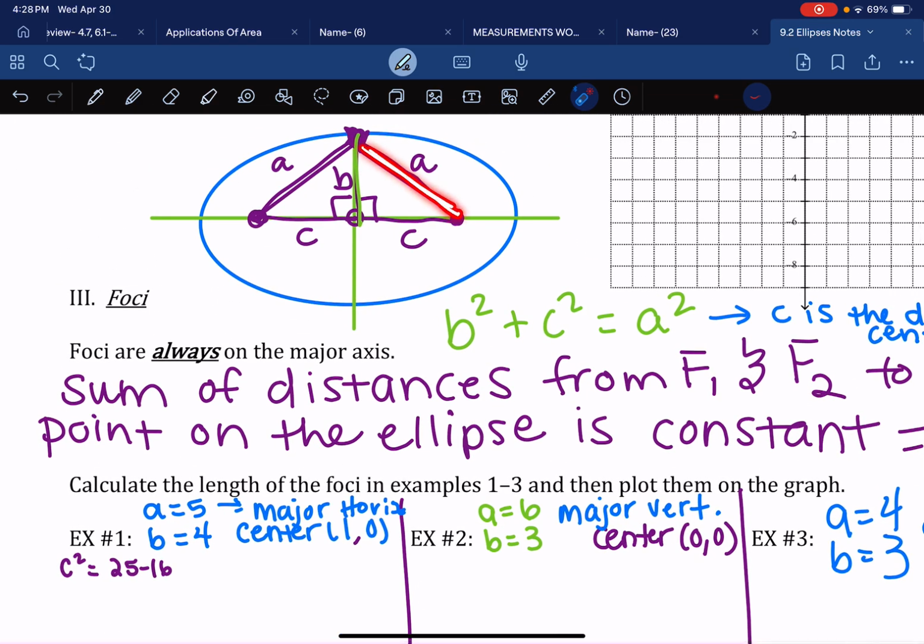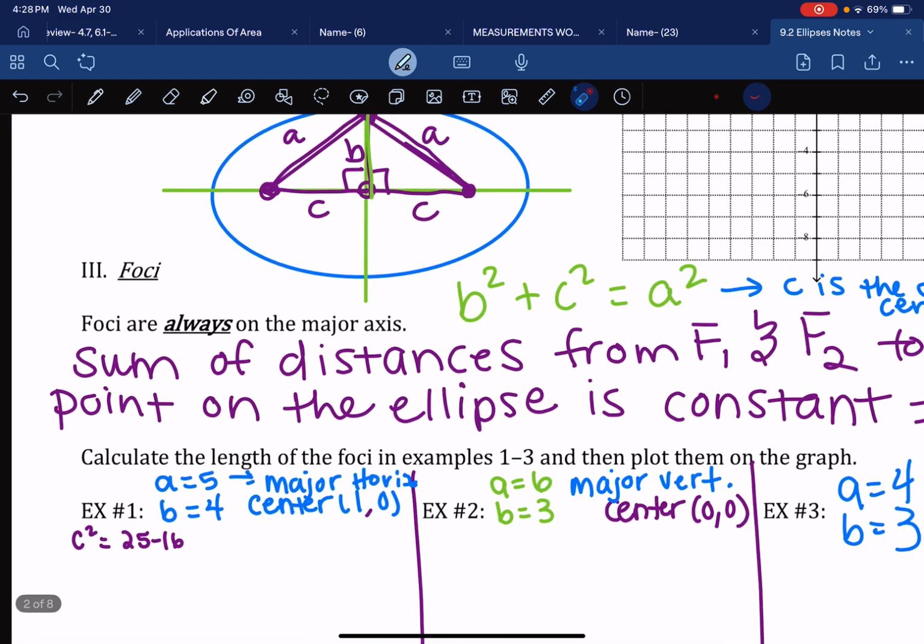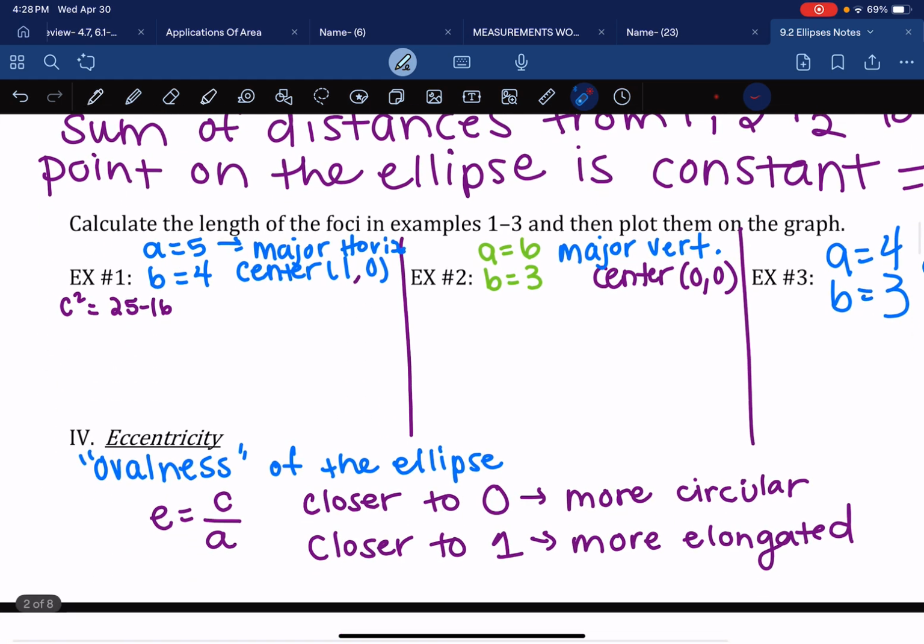We have A is 5, B is 4, and we want to find C because that is the distance from the center to the focus. Okay, so we have A squared minus B squared. That gets me that C squared is equal to 9. We would have to square root that and get that C equals 3.